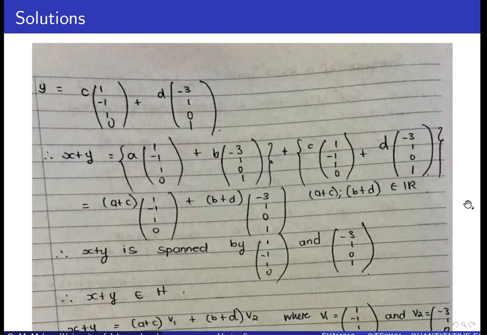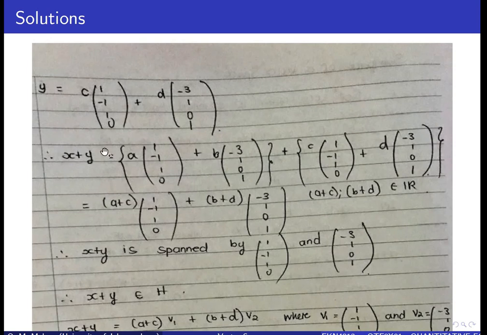So I add X and Y together. When I add these together, I take these vectors as common factors. I add A and C, and then I take this first vector as a common factor. I add B and D, and I take another vector out as a common factor.